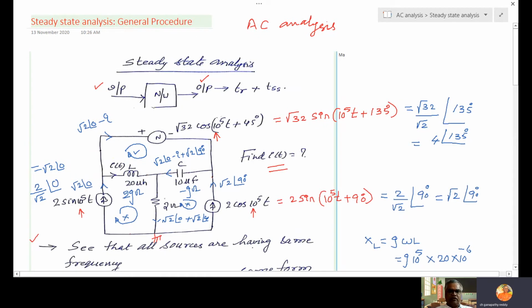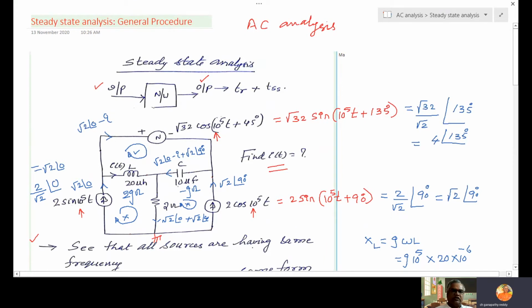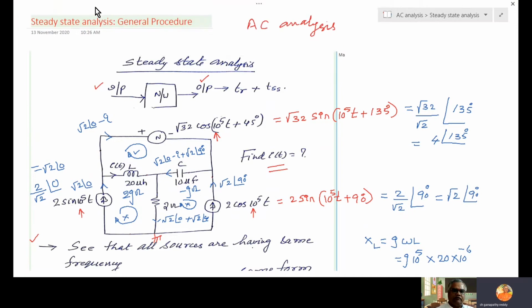So the sixth statement, what is the sixth statement I said earlier? When frequencies are different, maybe this is 10^4, this is 10^5, and this is 10^6. So how do you find current I of t?